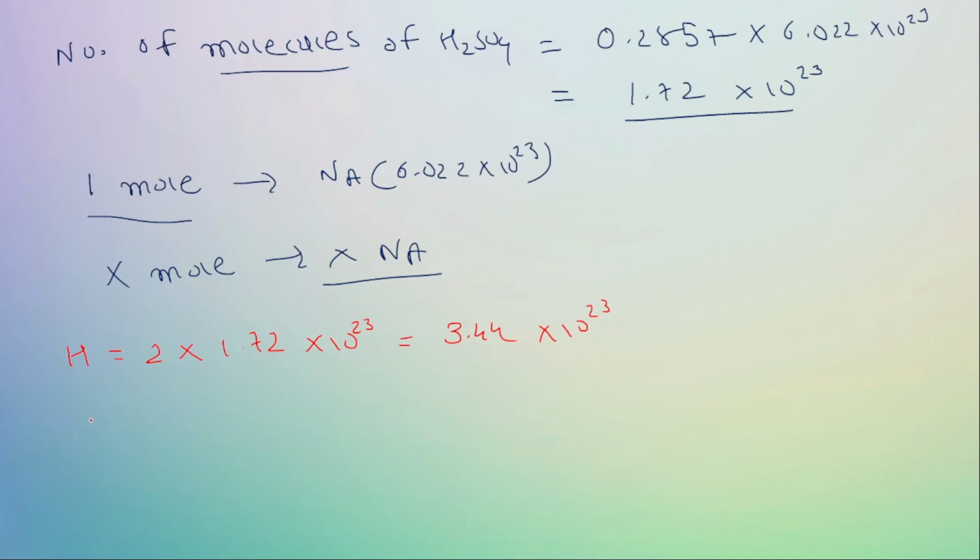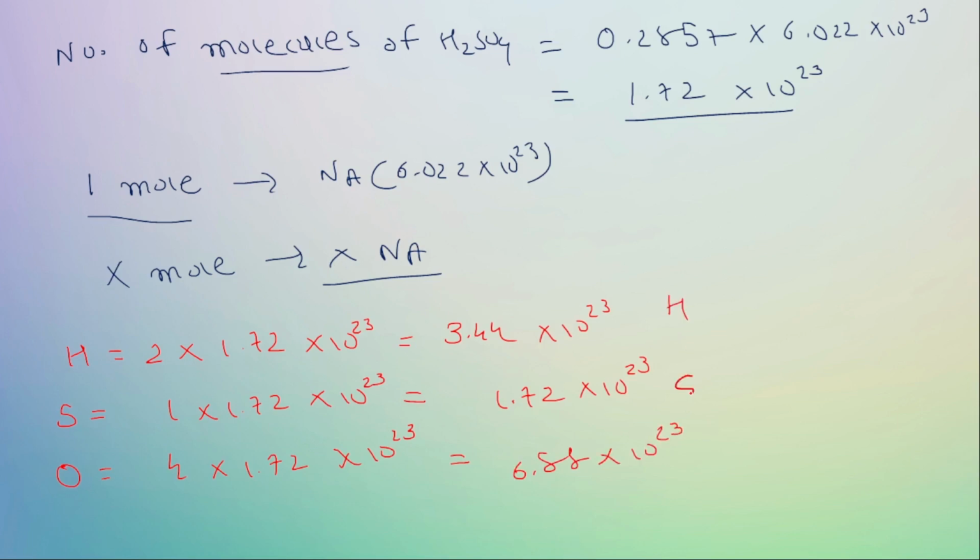Similarly, for sulfur, 1 into 1.72 into 10 raised to 23 will be equal to 1.72 into 10 raised to 23. Similarly, for oxygen, there are 4 oxygen in one molecule. So 4 into 1.72 into 10 raised to 23 is equal to 6.88 into 10 raised to 23. Here is the hydrogen, here is the sulfur, here is the oxygen. Here is the number of atoms in this 28 gram substance.